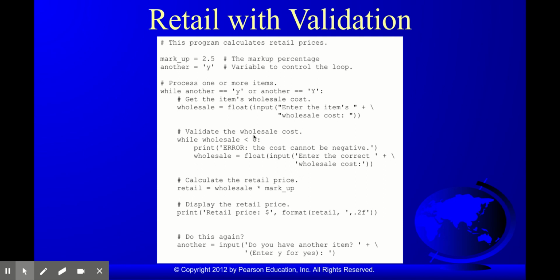If someone types in something other than yes or no, it will prompt the person to say, please enter yes or no exactly as shown, and that validates the inputs that are coming in, and therefore will not create an infinite loop. It's easiest with numbers. Strings are a little bit harder.